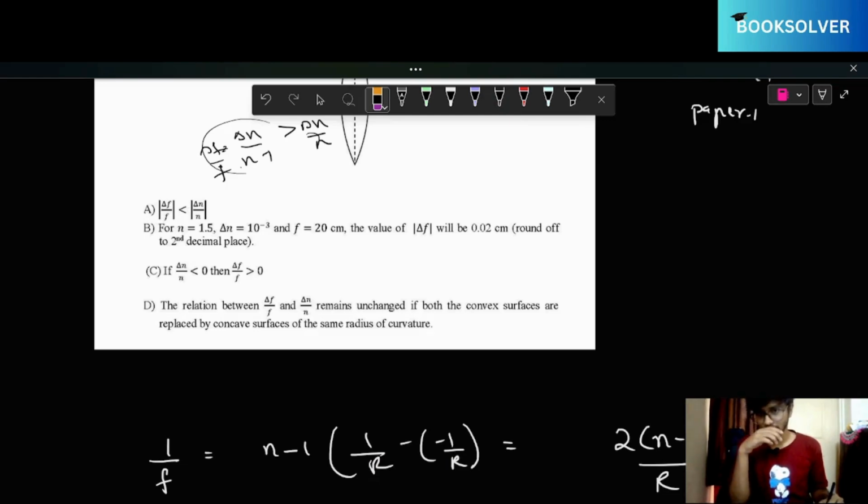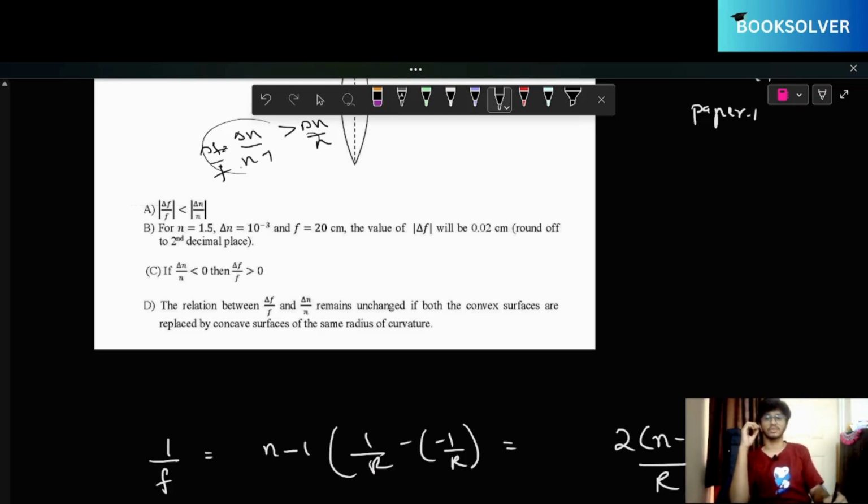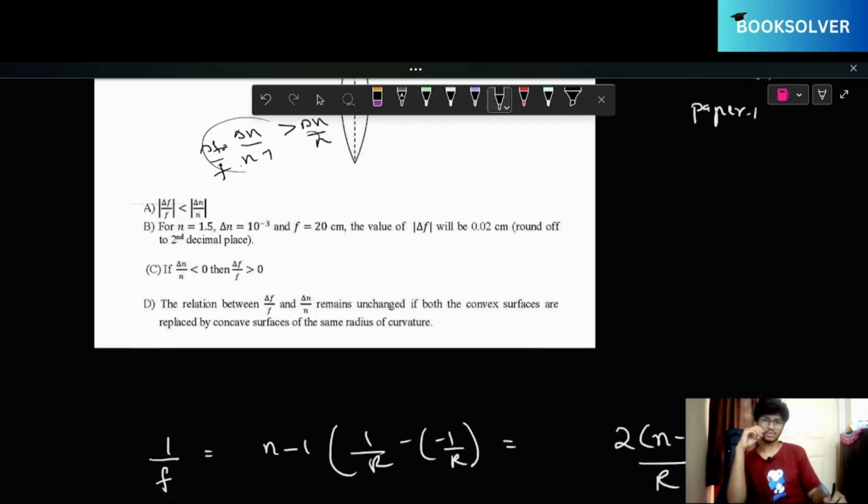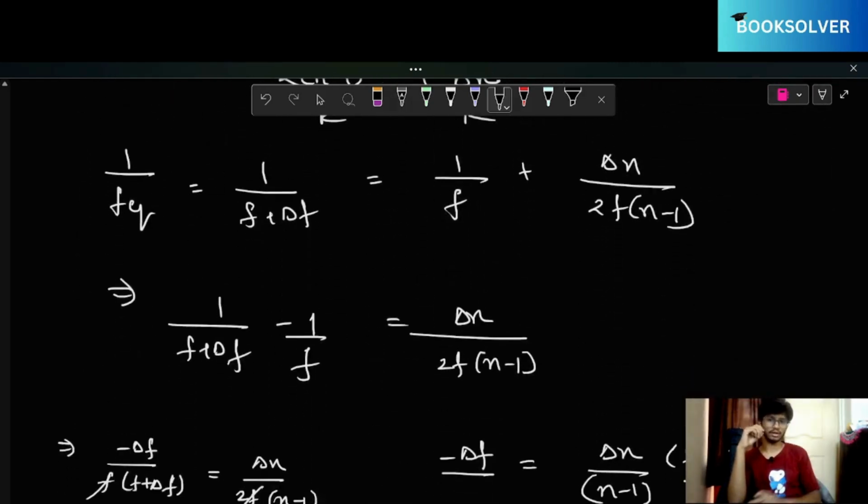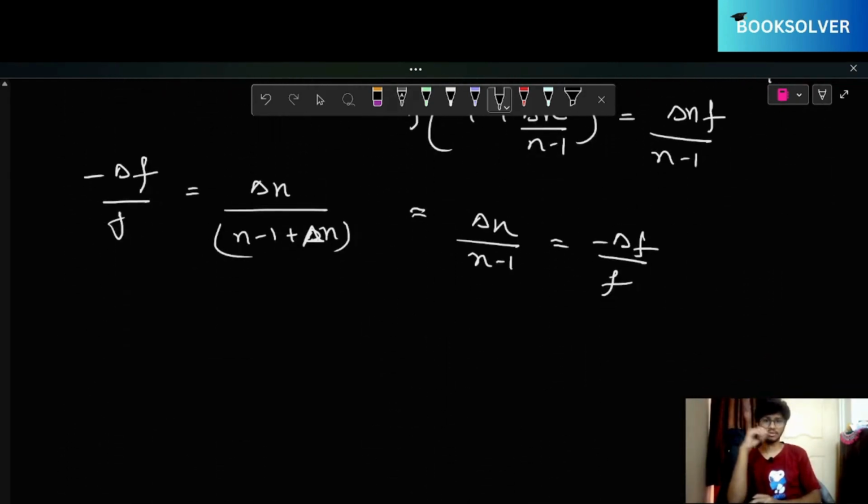For N equal to 1.5, delta N equal to 10 to the power minus 3 and F equal to 20, the value of delta F will be 0.02 centimeters. Okay, so we have N equal to 1.5. We have the formula.